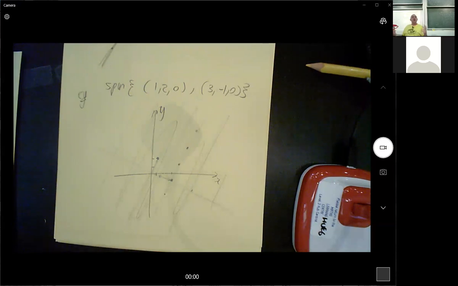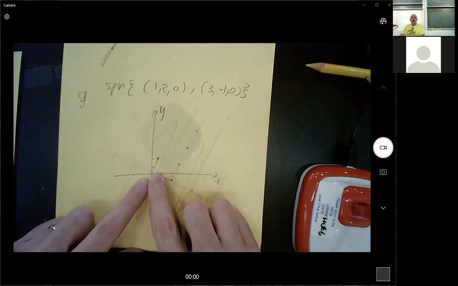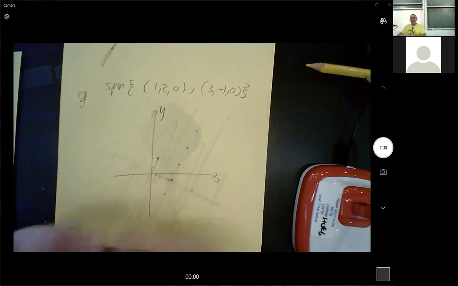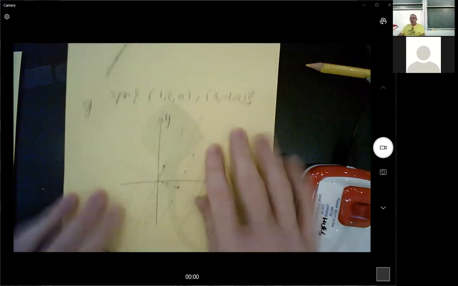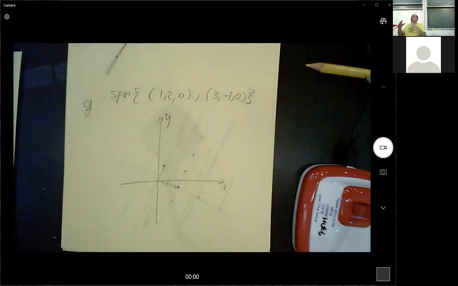It always produces a set that passes through the origin, and it always produces a set that's sort of flat. It's either a straight line or a flat plane. And we need a name for that kind of thing, and it's called a subspace. Whenever you span anything, you always produce a subspace.